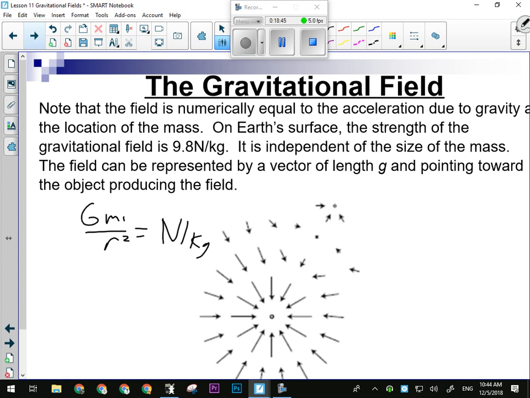Newton's mass times acceleration, so the units for a newton are kilogram meters per second squared. Dividing that by kilograms, I'm left with meters per second squared. So a newton per kilogram and a meter per second squared are the same thing. It doesn't matter which unit you use for gravitational field strength, it's right.